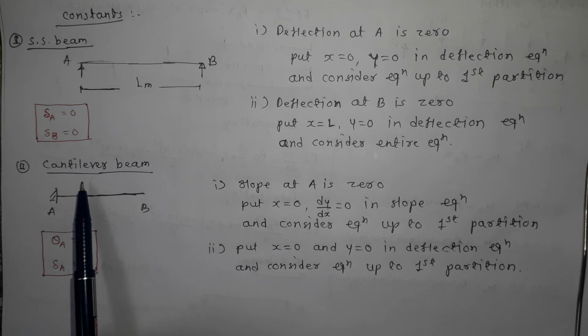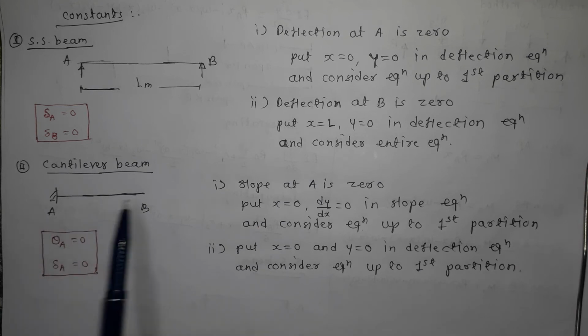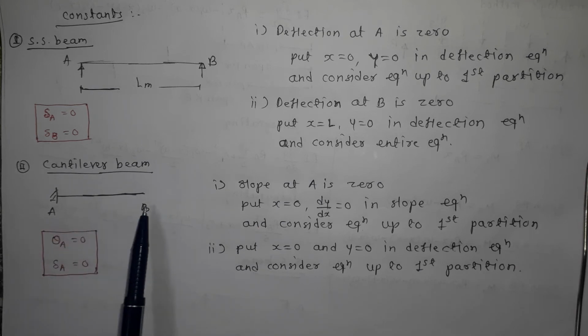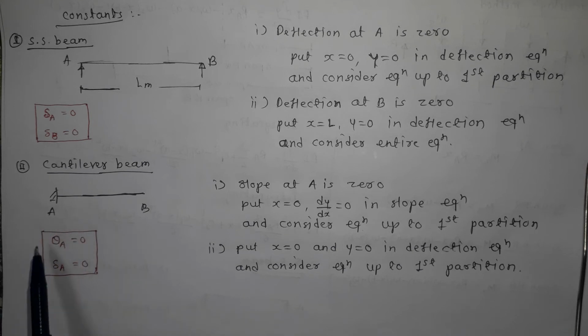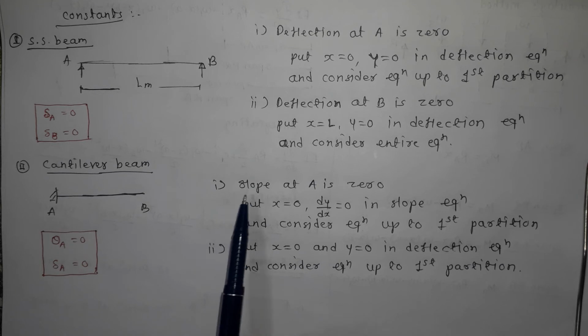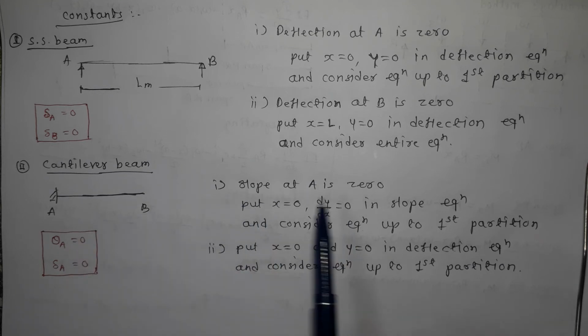Whereas if it is a case of a cantilever beam, let this be the cantilever beam, A is the fixed end, B is the free end, then we know that slope at A is 0, that is theta A is 0, and deflection at A is 0, so delta A is 0, and therefore the two conditions for the cantilever can be used like this.